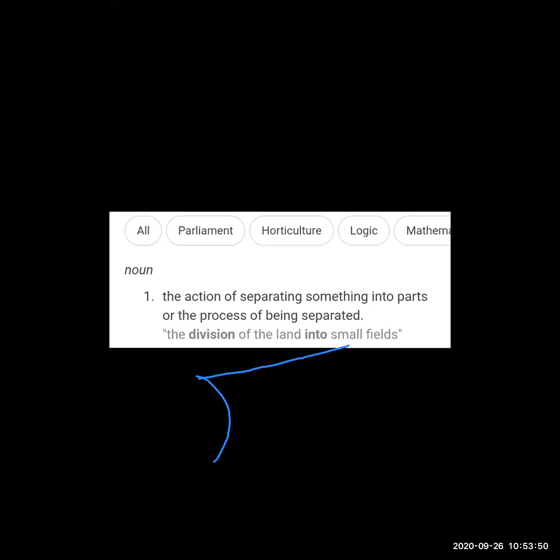How many chocolates are there in total? 28. And you want to distribute them among the 3 students, right? Yes or no?